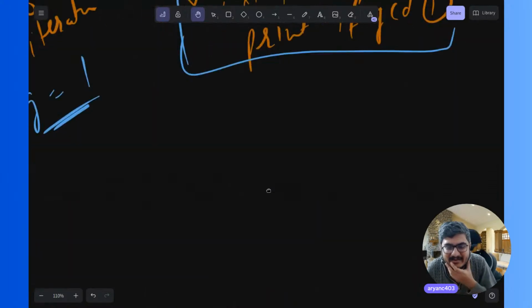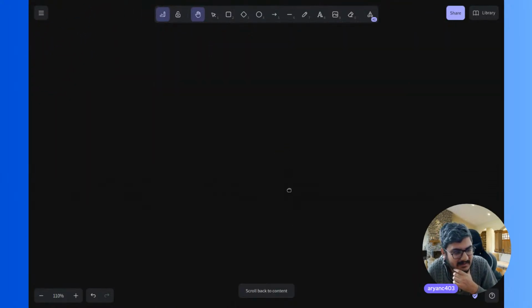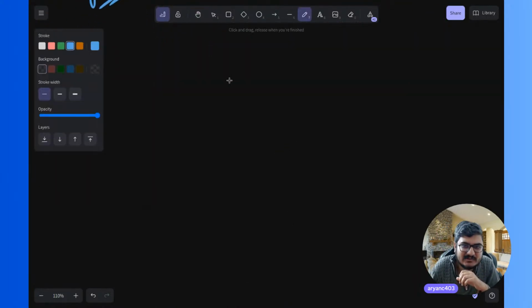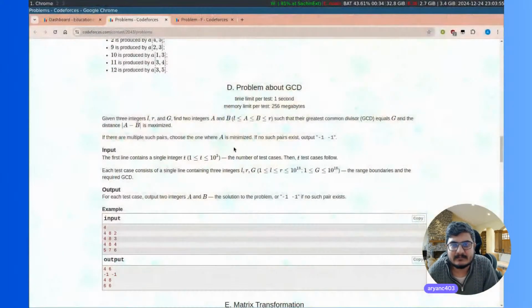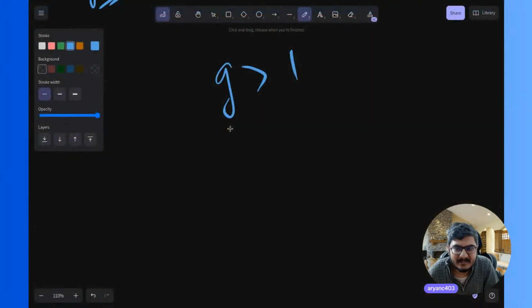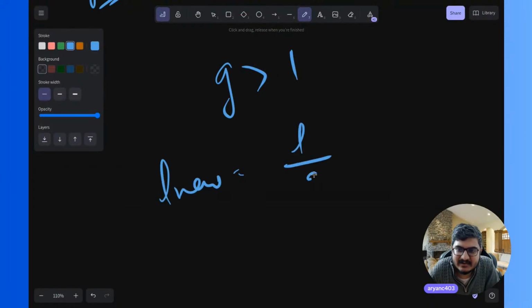The code I have written might be hackable, but I'm not sure. Another question is how to solve g greater than 1. The idea is we find L new, which is L divided by G, and take the ceil here.